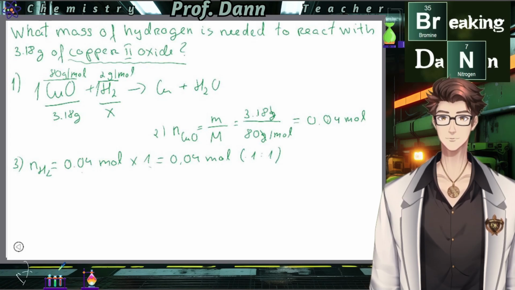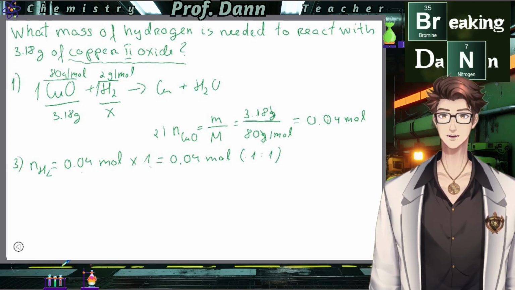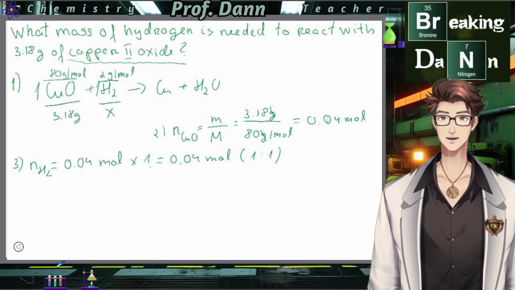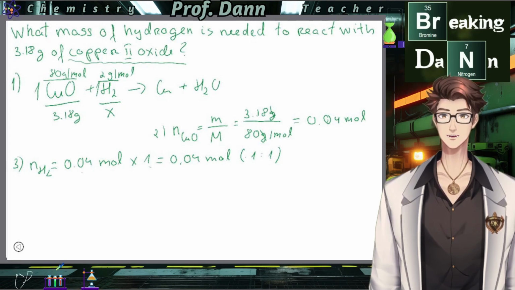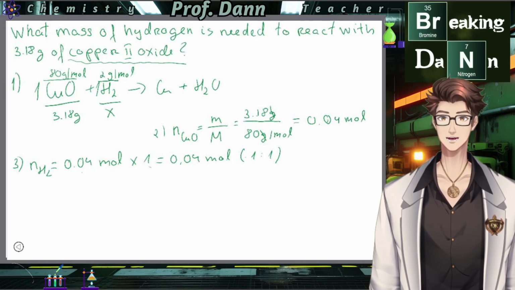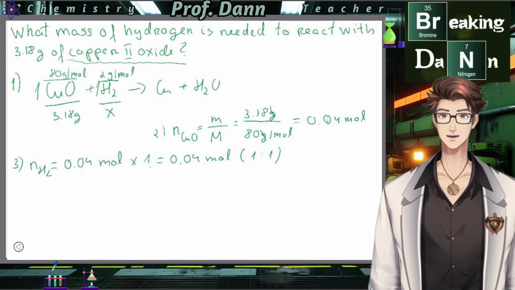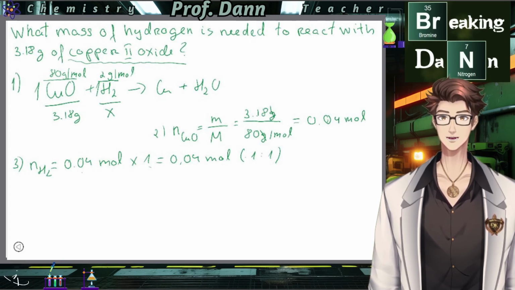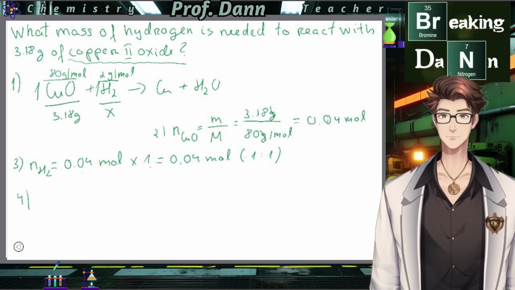So remember, we get this mole ratio from the chemical equation, or in different words, from step number 1. Okay, now we can go to step number 4.